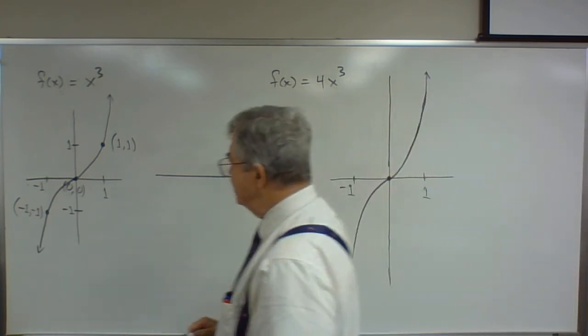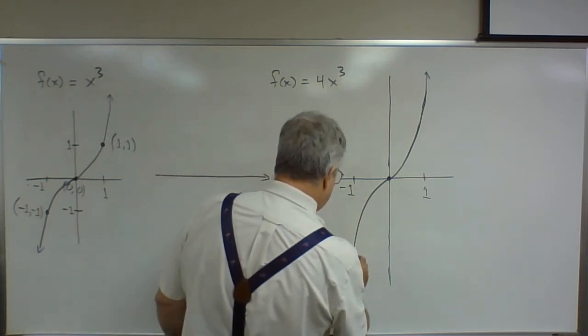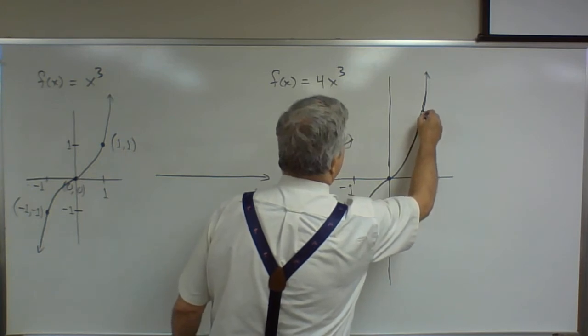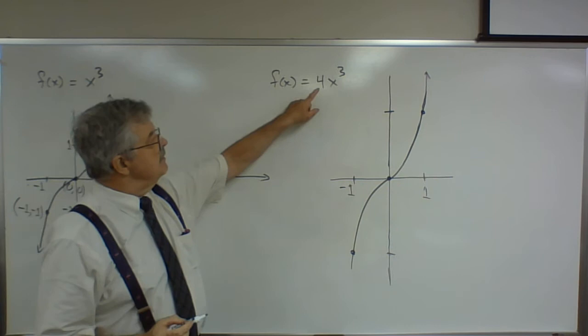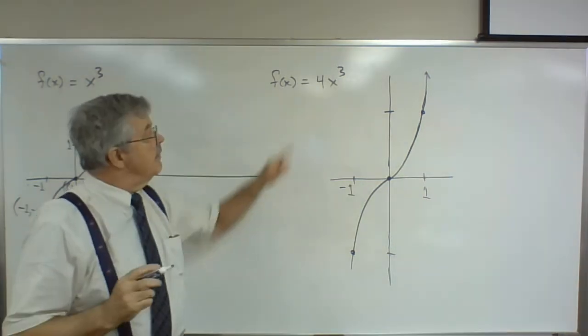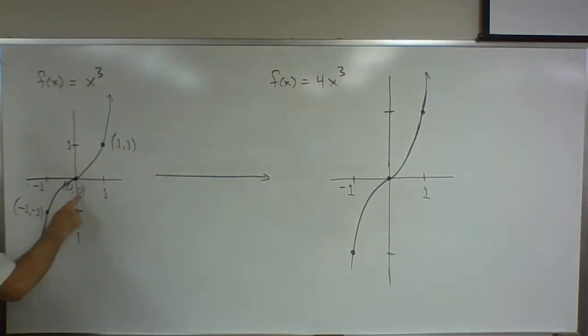Or better still, we realize that the corresponding points on this graph have y-coordinates that are 4 times the values of the y-coordinates on the original graph.